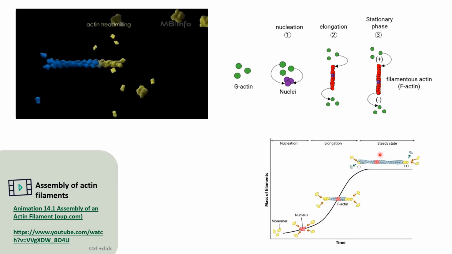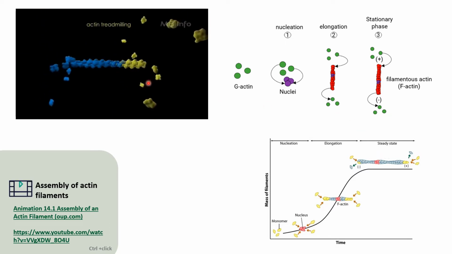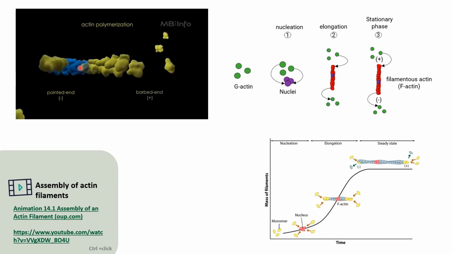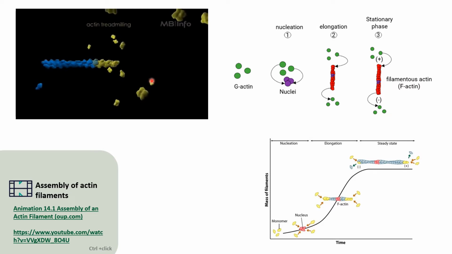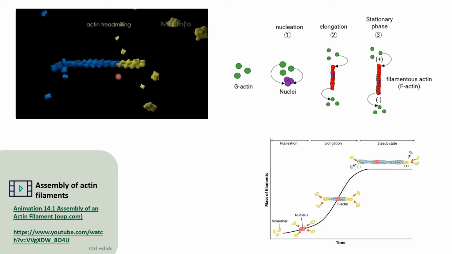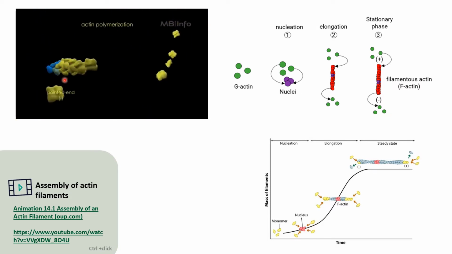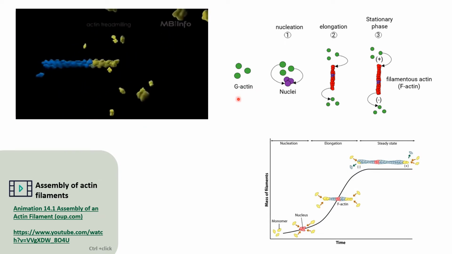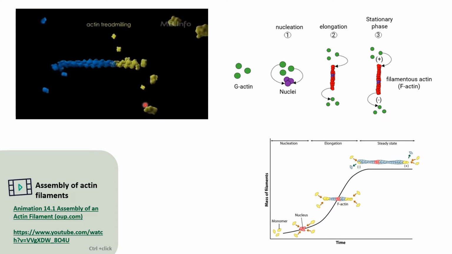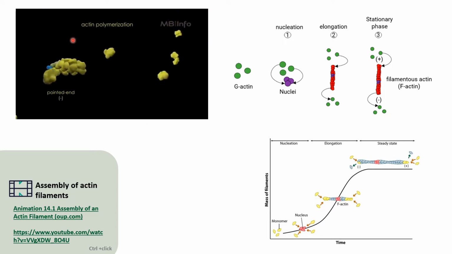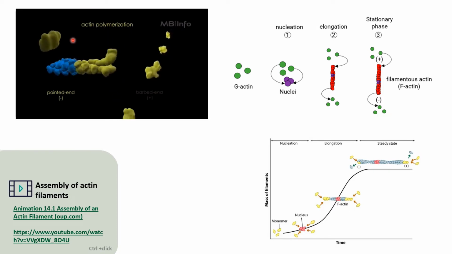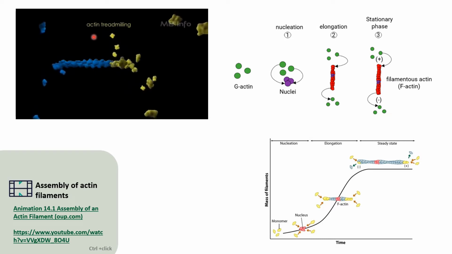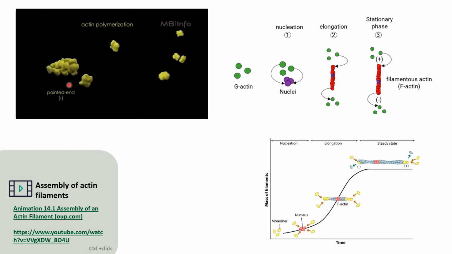So here you can see from this animation how it nucleates. Then the addition will be on the plus end, and the association and dissociation of these actin will just continue to perform what's called treadmilling, where the rate of addition and the rate of dissociation are the same.